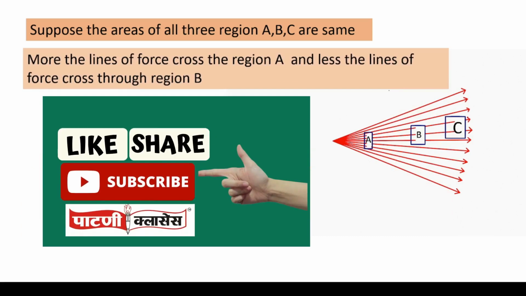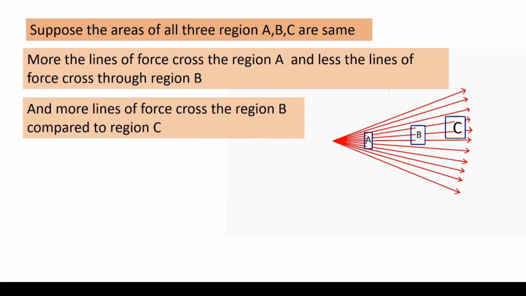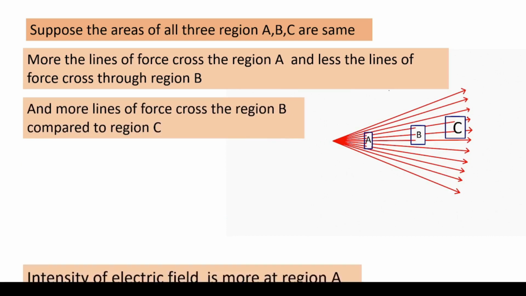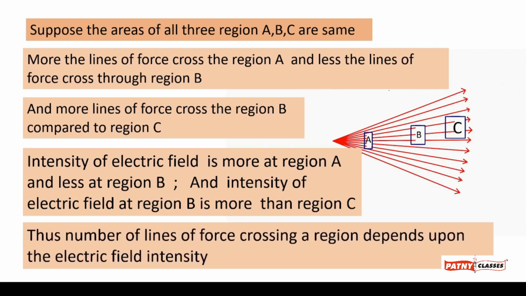More lines of force cross region A, fewer lines of force cross region B, and more lines of force cross region B compared to region C. This implies the intensity of the electric field is more at region A and less at region B, and the intensity at region B is more than at region C. The conclusion is that the number of lines of force crossing a region depends upon electric field intensity.